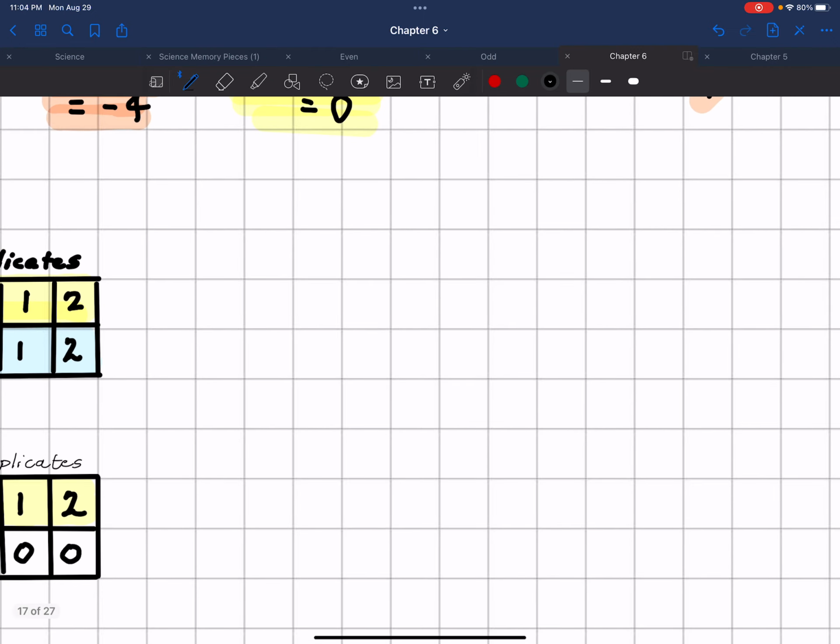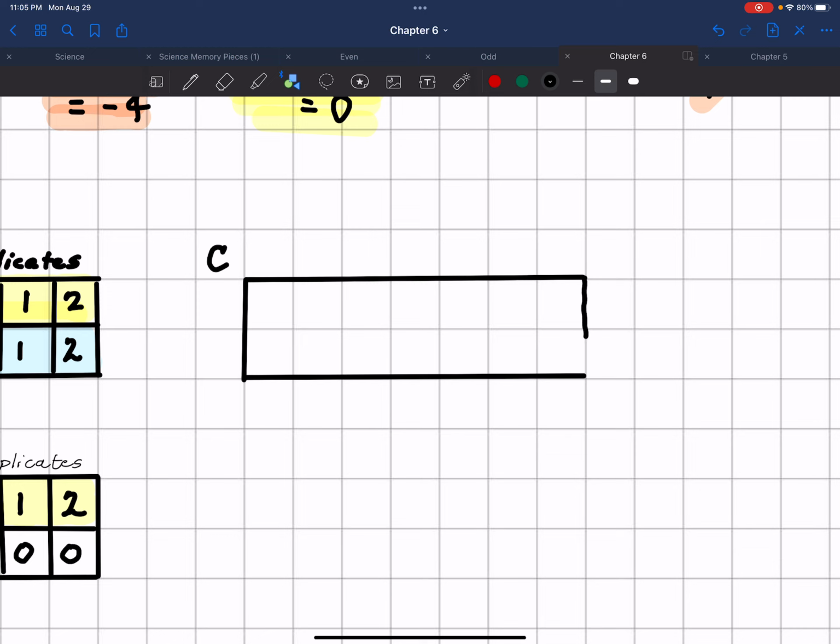Okay, here comes C. Let's draw the table. I should have drawn this one, but you're drawing it with me, so. Boy, I'm batting 1,000 on those straight lines, aren't I?